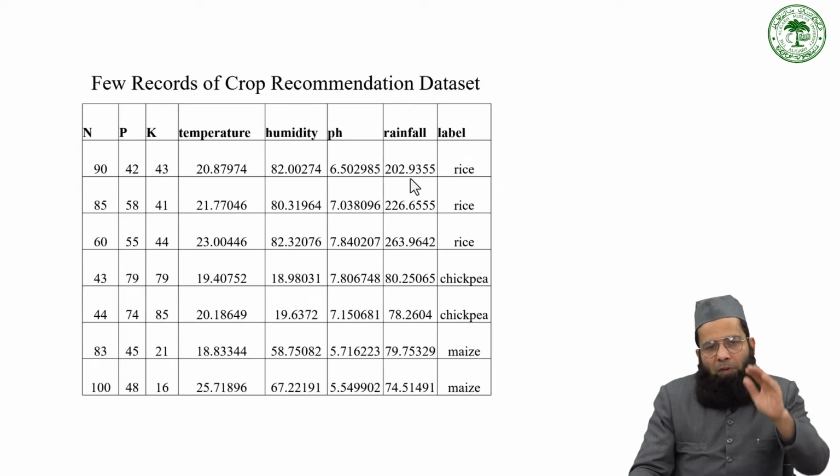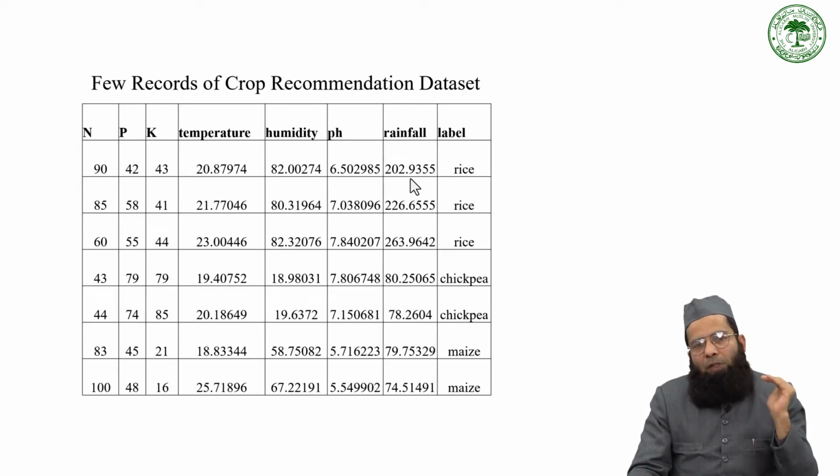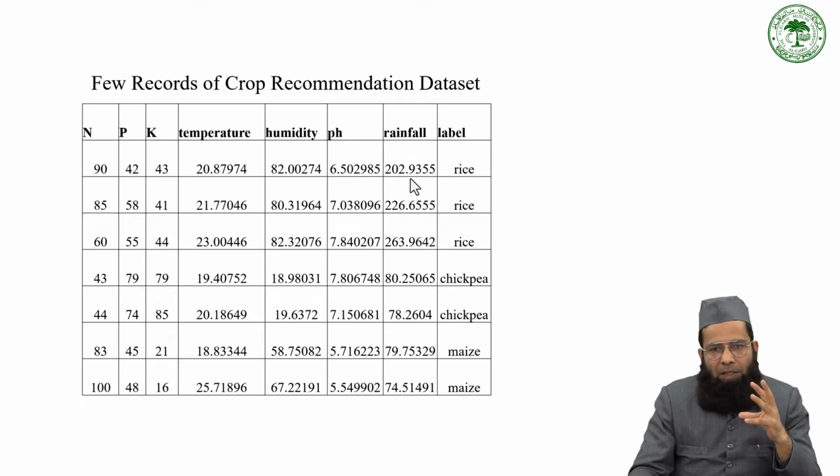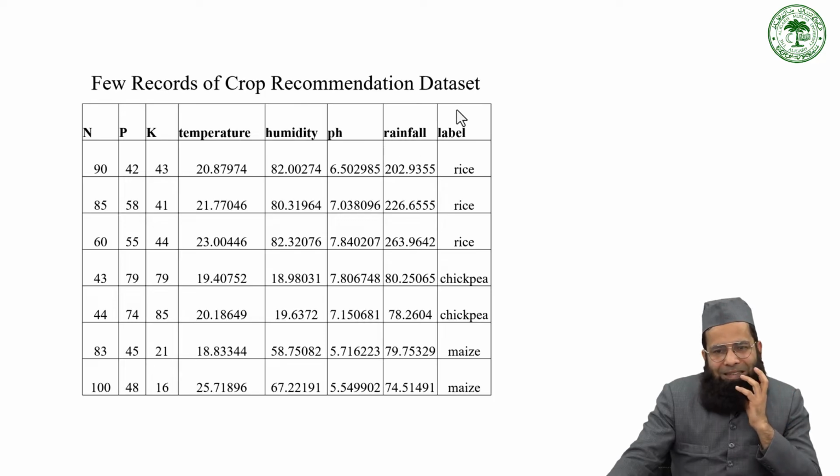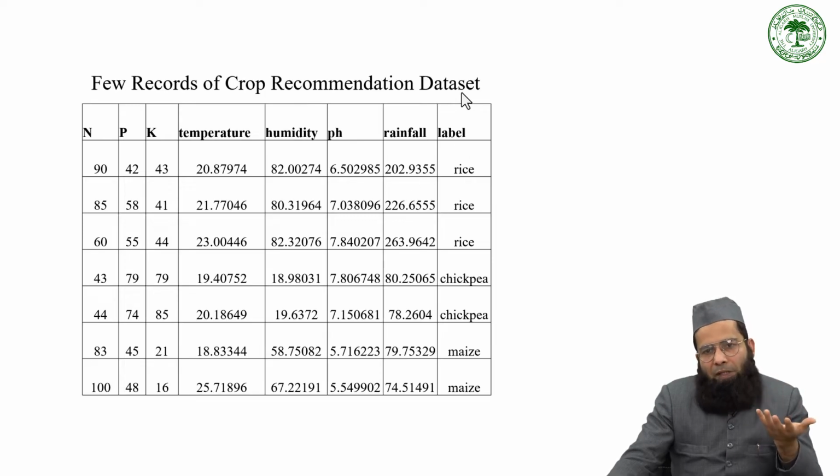If you observe, I have included here a few records of the crop recommendation dataset. You can see there are labels such as rice, chickpea and maize and so on. There are 2,200 records in this dataset, and it is a multi-class classification problem.